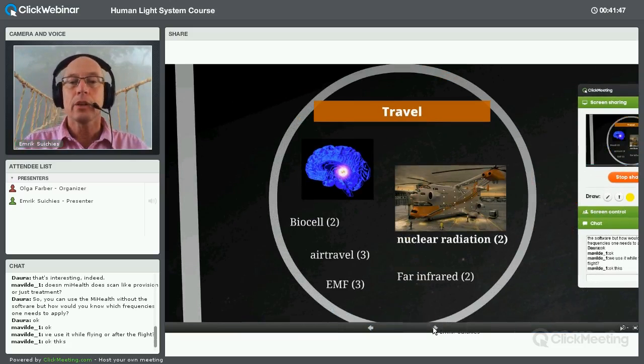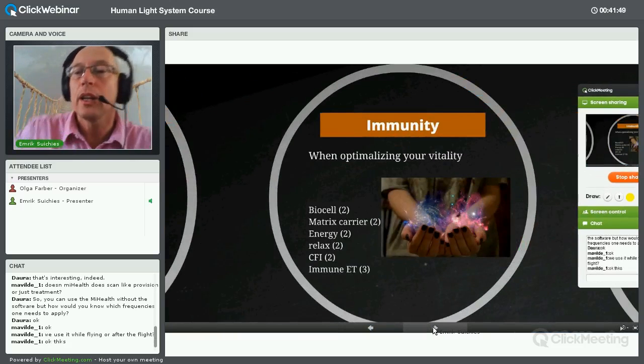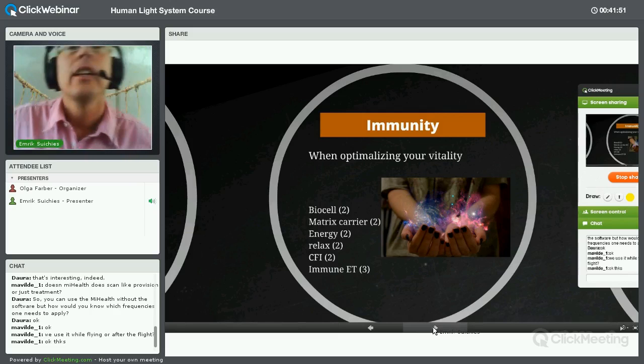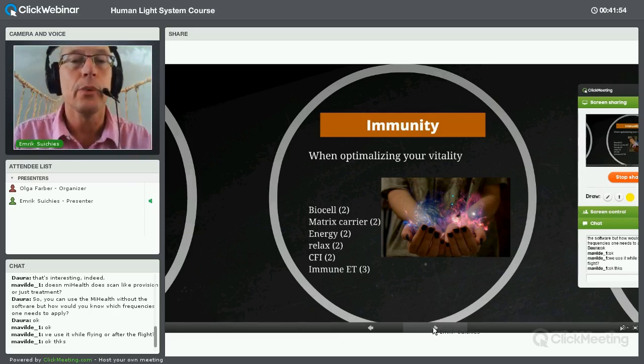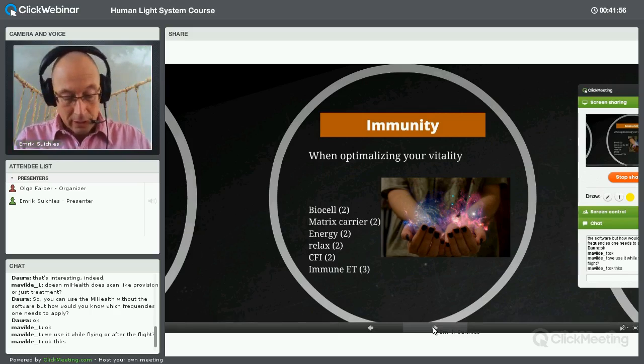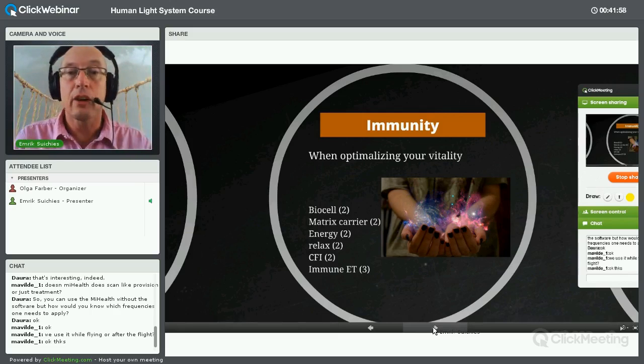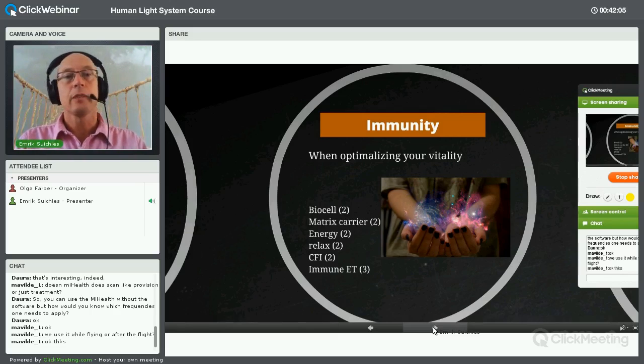Okay, then we go to the next one. For example, a lot of people over here in Holland do have a problem with the flu. And there's a big flu epidemic over here now, which is coming from the United States, they say. And I use, for example, every day 2 minutes biocell, mitochondrion, 2 minutes matrix carrier, which is about the connective tissue system, 2 minutes of energy boost, 2 minutes of relax.